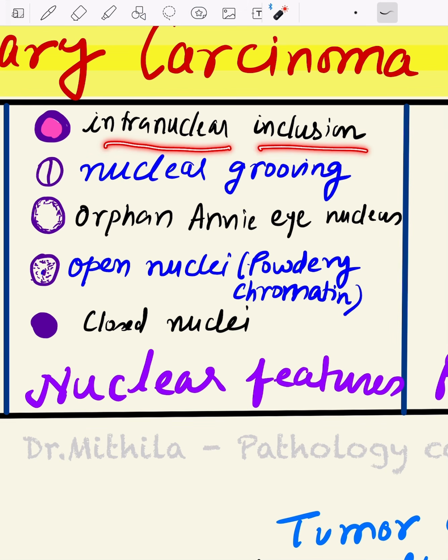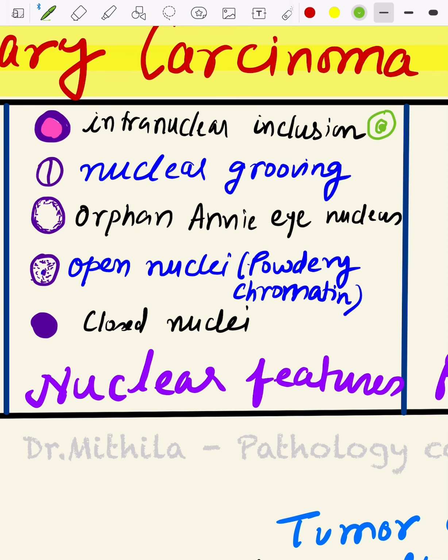So these intranuclear inclusions are basically intracytoplasmic intranuclear inclusions. So they are derived from the cytoplasm. So when there is a cell, the nucleus will show the grooving and it will enclose a part of cytoplasm within it.